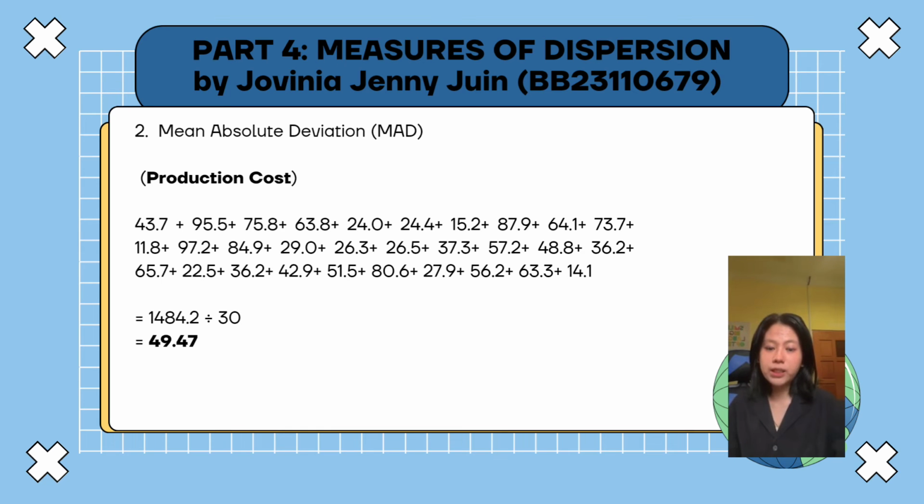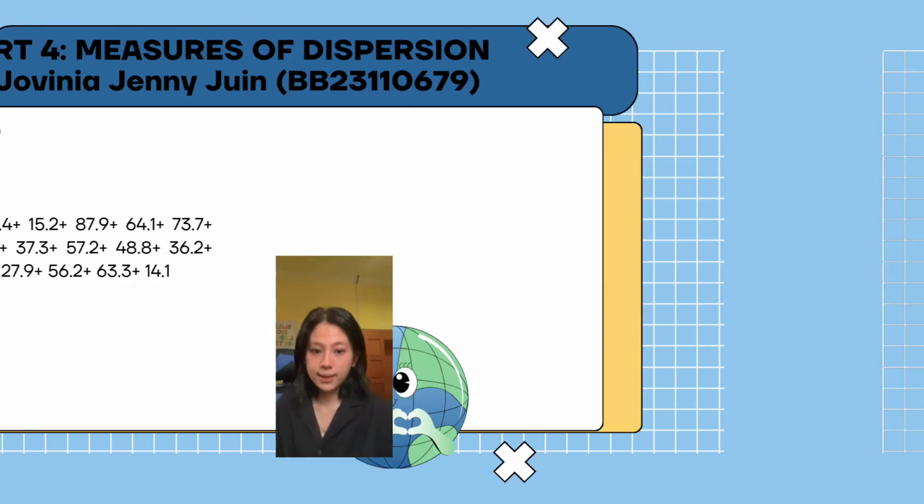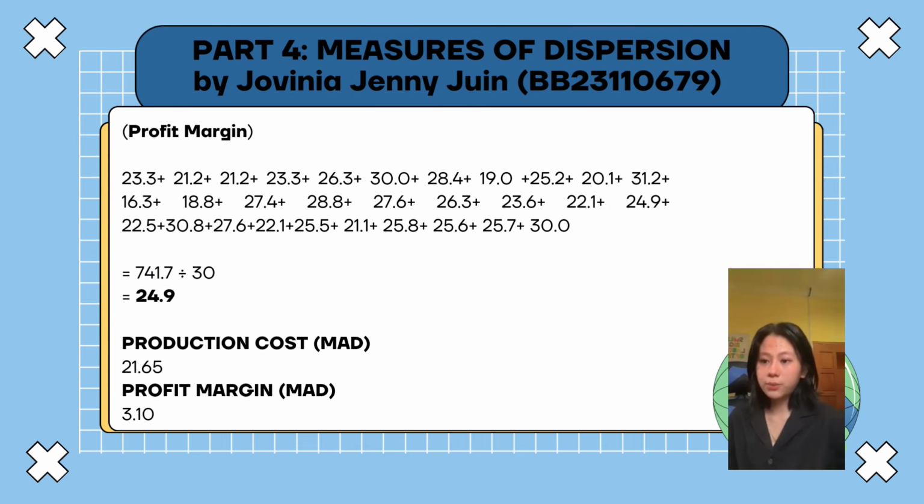To find the mean, we need to sum all of the data, and when we get the answer, we divide it by the number of data. After that, we sum all of the deviations again and divide by the number of data. As we can see here, for the production cost MAD, I get 21.65, and for the profit margin MAD, I get 3.10.